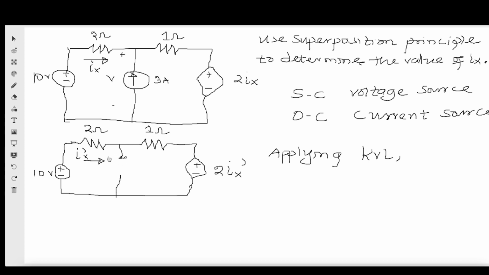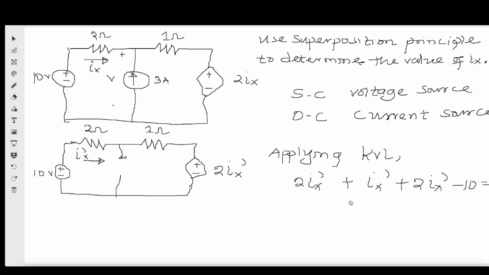You can see the direction of Ix prime. If I get to 2 ohms, I will have 2 Ix prime. When I get to the 1 ohm resistor, I will have 1 times Ix prime. Then when I get here, it's entering the positive, so it will be plus 2 Ix prime. Remember, it's a voltage source, so I don't need to multiply it with Ix prime again. Then when it gets here, it is entering through the negative because we are going clockwise, so that's minus 10, and all is equal to 0.